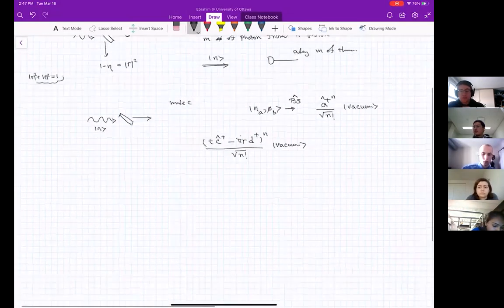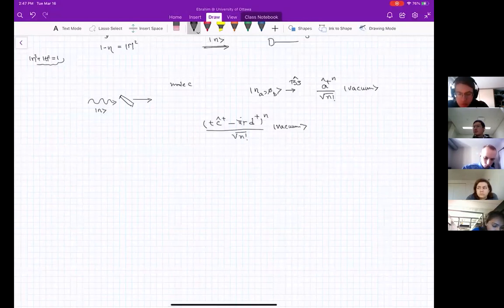So if we look at the situation, what essentially we need to find out is the number of photons in mode C and mode D, and then I think the problem will be resolved. Okay, and of course what we get is just the probability.